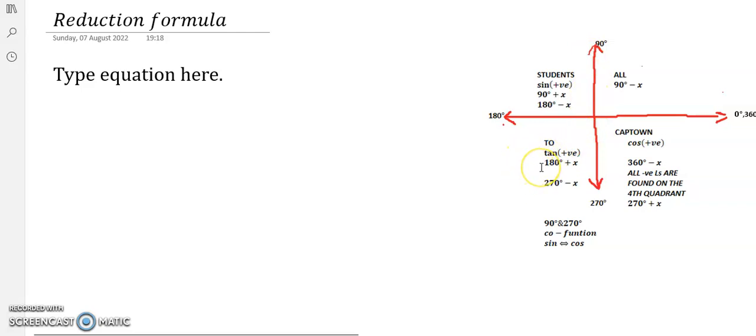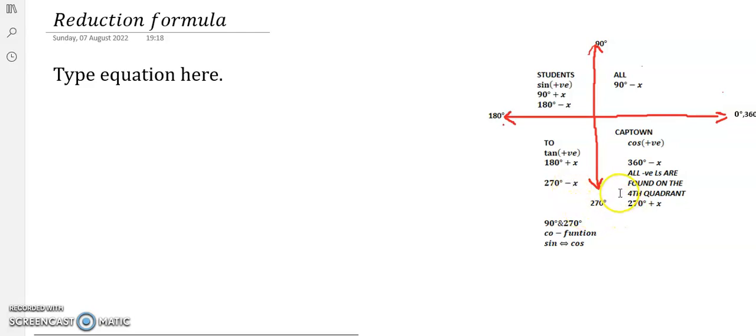Similarly, here on the third quadrant, we got 180 degrees plus something because we are above 180. 180 is here, meaning that above 180 we will have 180 degrees plus something, but before 270 we got 270 minus something.